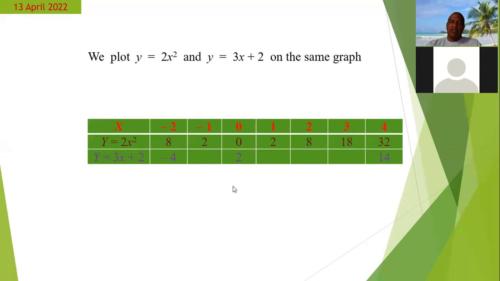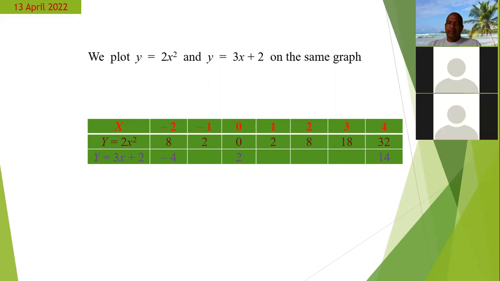Anybody can tell me why we only calculate 3 values for the 3x plus 2? Anybody? Sir, because we only need the end point and the beginning point and where it would cut the y-axis, sir.